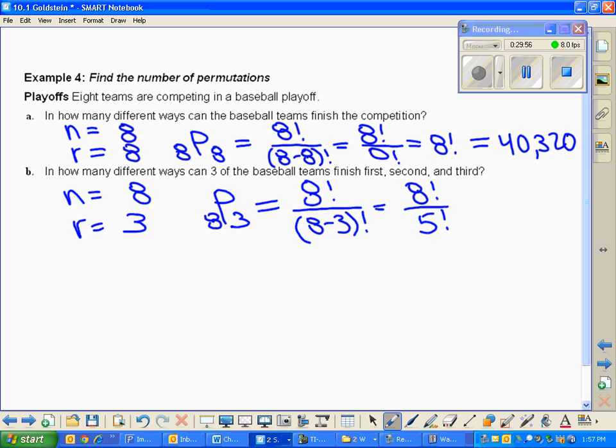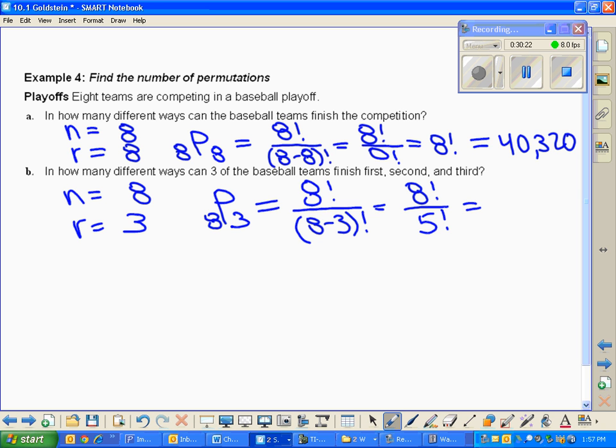If I see that you understand what the formula is and how it works out, you don't have to sit there and calculate 8 factorial and 5 factorial. You could either plug in 8 factorial divided by 5 factorial, or you could just plug in this permutation there. But I do at least want to see that you're utilizing the formula on the homework. So just wanted to clarify that.